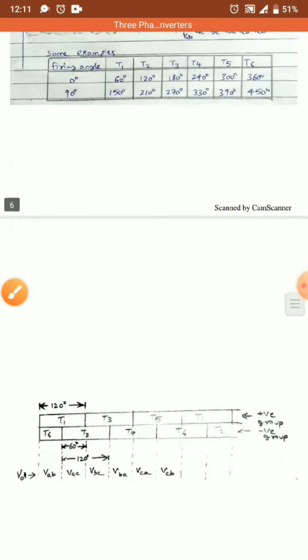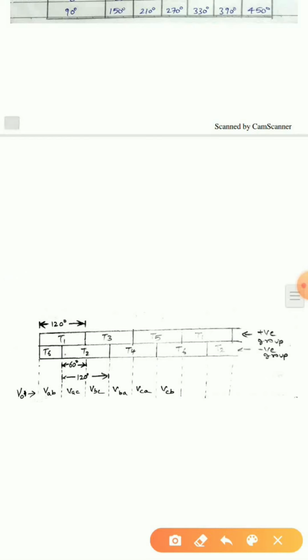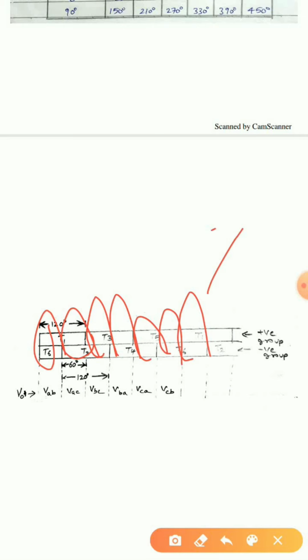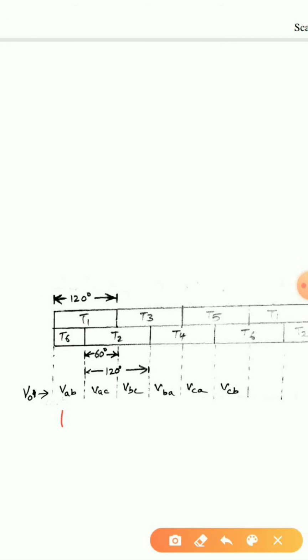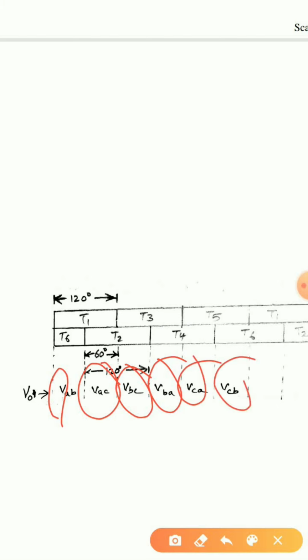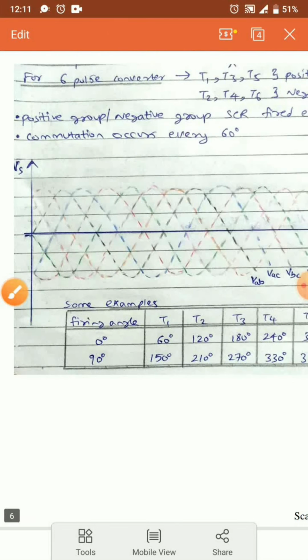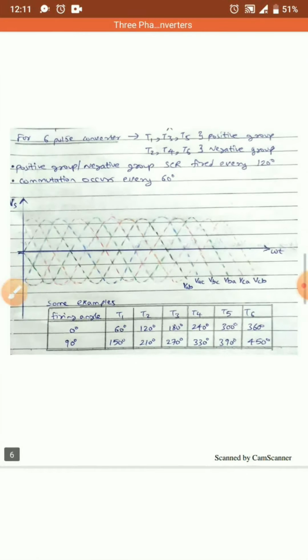So in this similar manner, if I look at the switching pattern, I can get 6 different sequences. Again I'll come back to the start from T1, T6. It is clearly understood that first I'll get VAB, then VAC, VBC, VBA, VCA and VCB. So the line voltages that I have sketched are also in the same pattern.